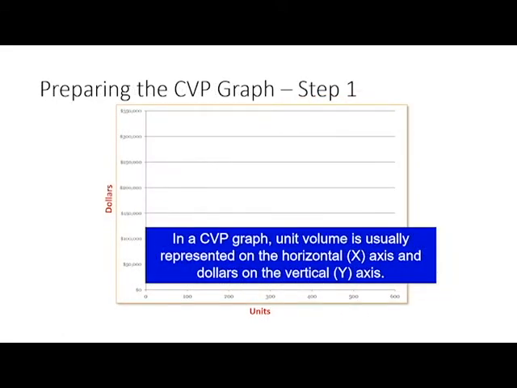In a CVP graph, unit volume is usually represented on the horizontal axis, the x-axis, and dollars on the y-axis. So this is step 1: you determine what will be on your y-axis and what will be on your x-axis.